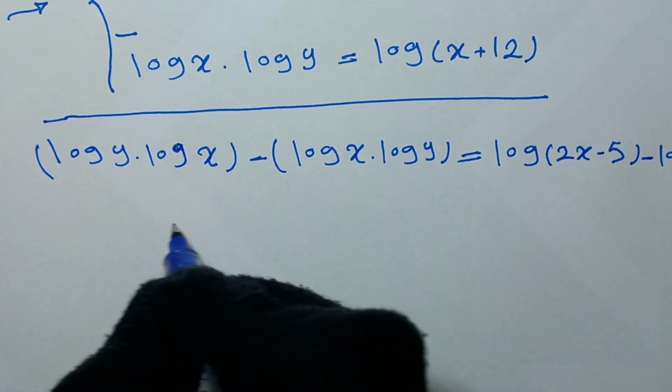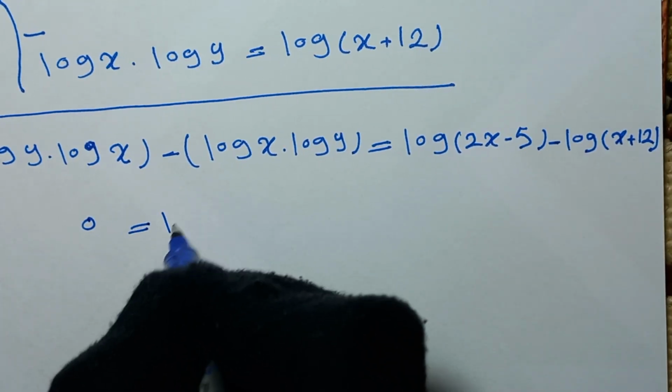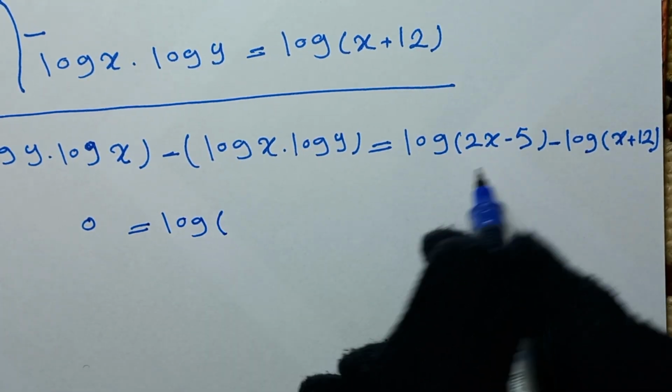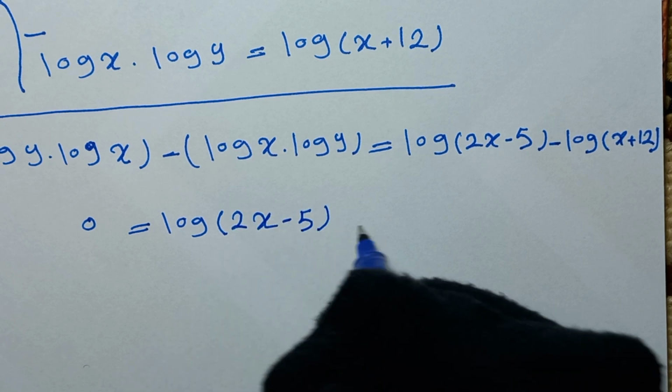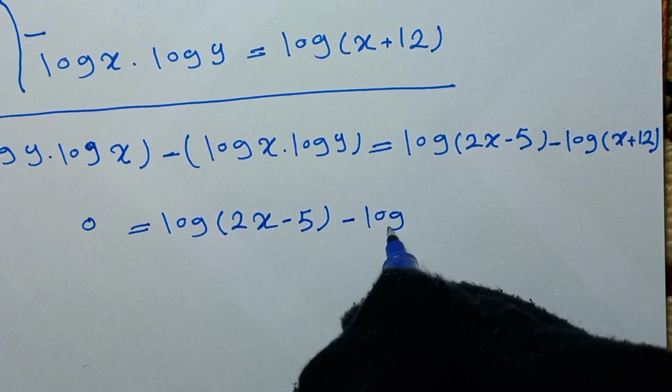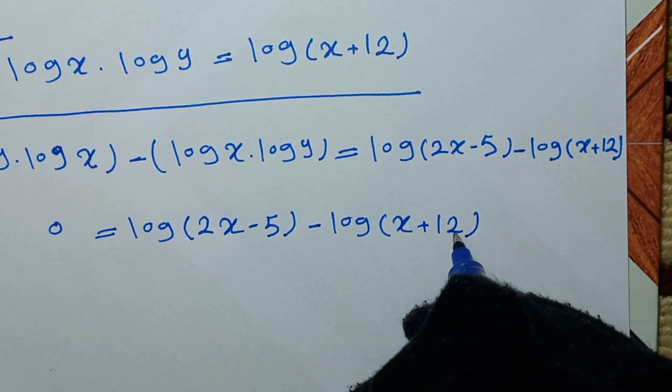So here we have 0 is equal to log 2x minus 5 minus log x plus 12.